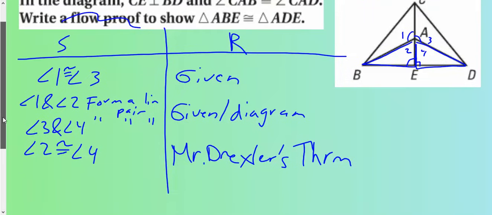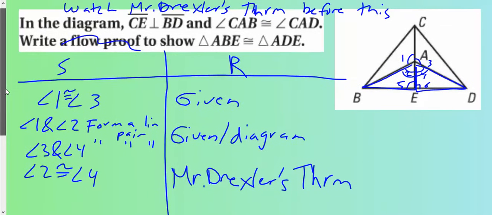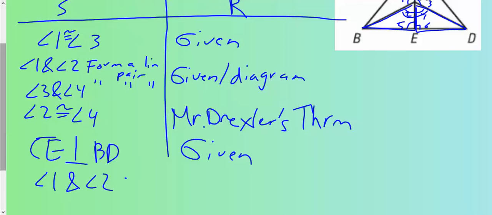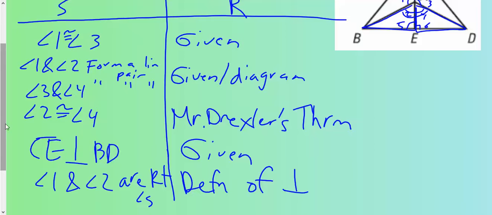Okay, so if these two angles are the same here, I'm going to call this right angle 5 and angle 6. I'm now going to introduce my perpendicular part. So we have CE perpendicular BD, and that's given. Because of that, angle 5 and angle 6 are right angles, by the definition of perpendicular lines.